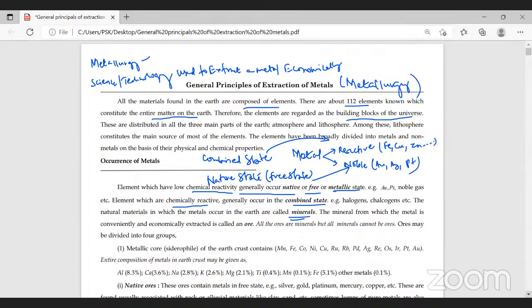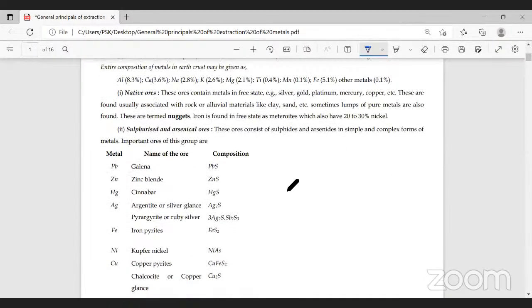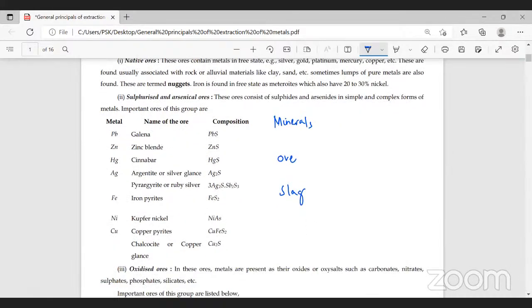Now, in order to understand the metallurgy chapter, we'll have to understand 5 terms. The first is minerals. The next one is ore. The next is gangue, also called matrix. Another term we're supposed to know is flux, F-L-U-X.